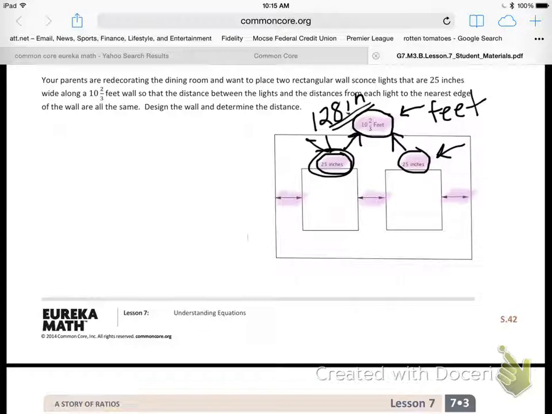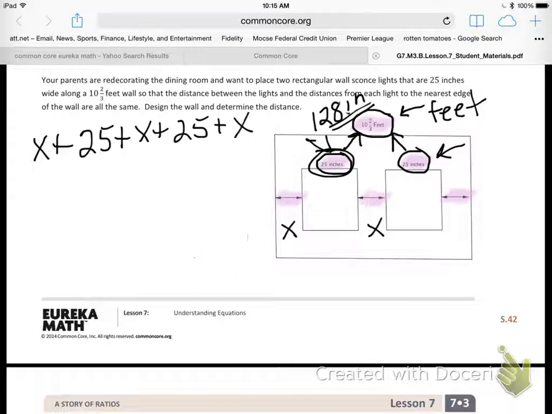So we have our unknowns right here, x. So how about x plus, then we have 25 plus another x plus 25 plus another x right there. That is all equal to 128 because we're talking inches now.